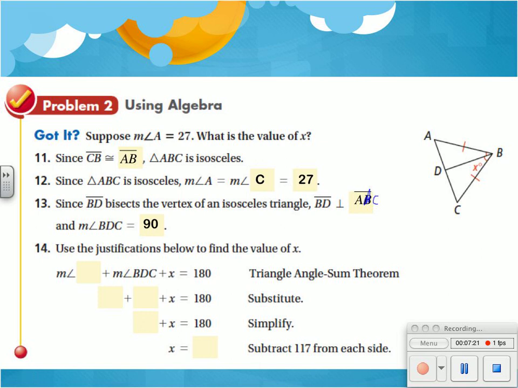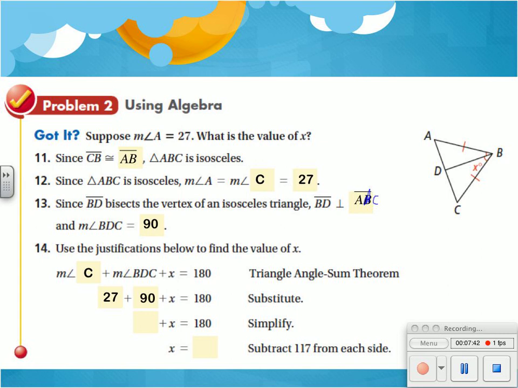All right. And the measure of BDC equals 90, obviously, because of the definition of perpendicular bisector and the definition of right angles equaling 90 degrees. So, using the justifications below to find the value of X, we know the measure of angle C plus the measure of BDC plus X equals 180, by the triangle angle sum theorem.